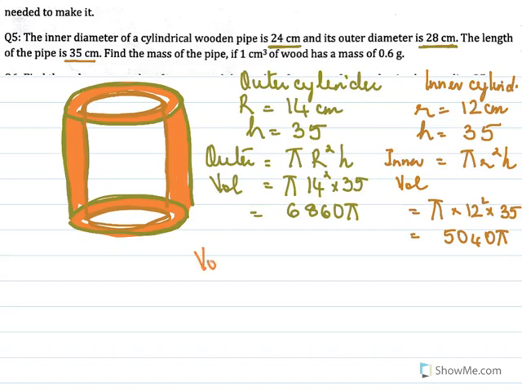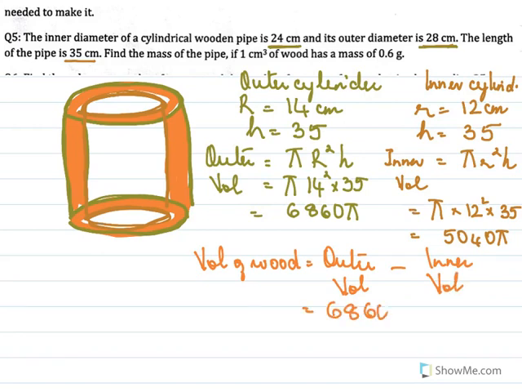Now when we want to find volume of wood, it will be outer volume minus inner volume. Outer volume is 6860 pi, inner volume 5040 pi.